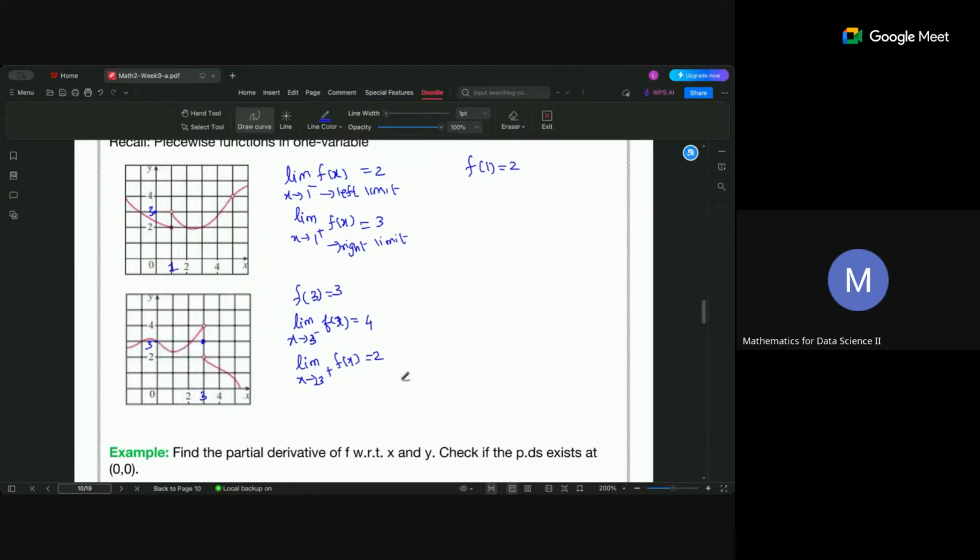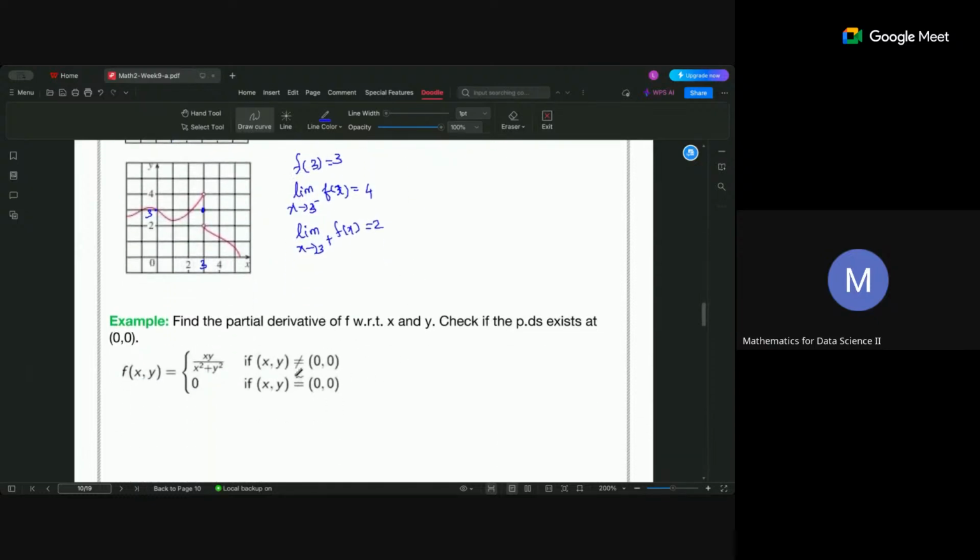Okay. So here is an example of a partial derivative. Whenever we are looking at the partial derivative of a piecewise function, this is one piece, this is another piece. Everyone listen carefully. If you are given a piecewise function and you are asked to find the partial derivative, and one of the pieces is just a single point, always use the limit definition.